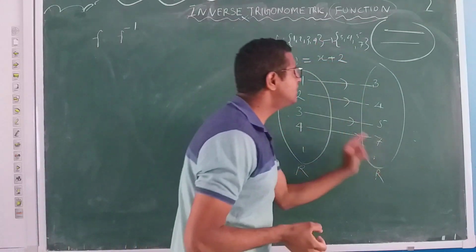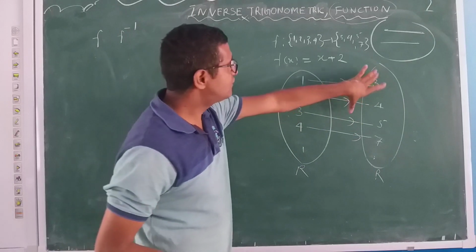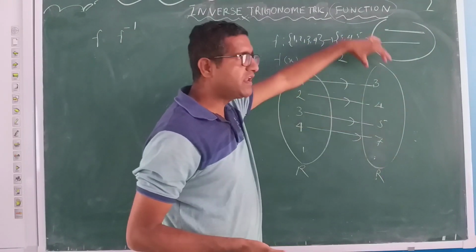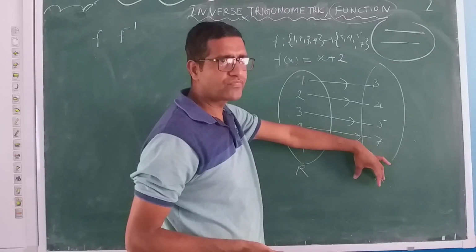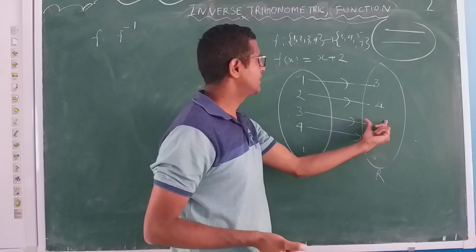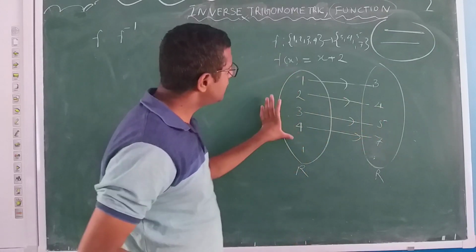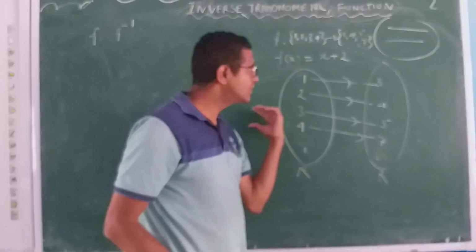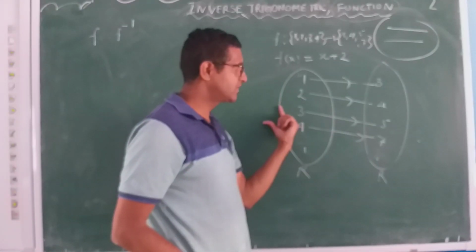This is invertible, because the whole codomain will convert into the domain, and the whole domain will convert into the codomain or range.